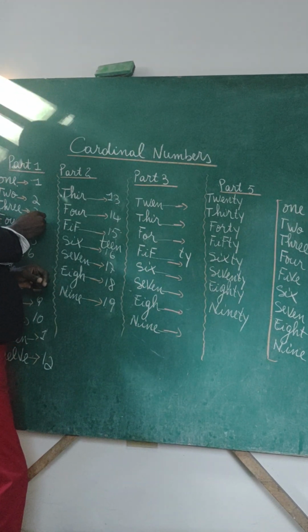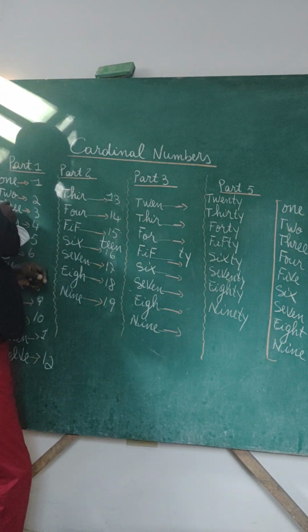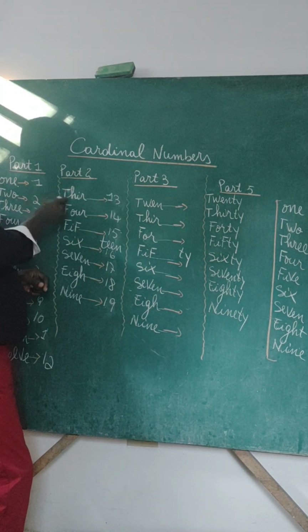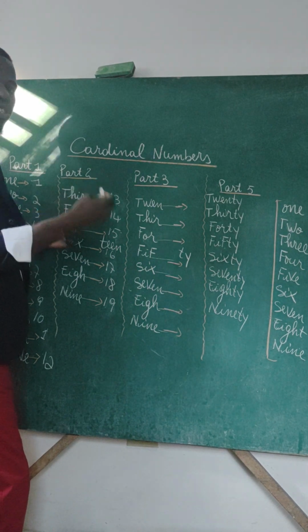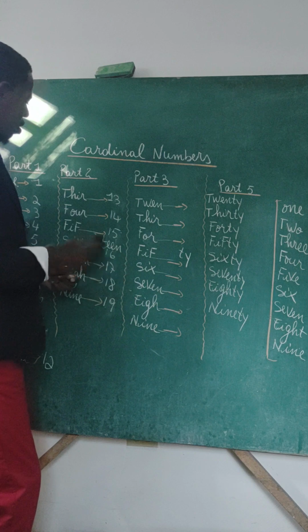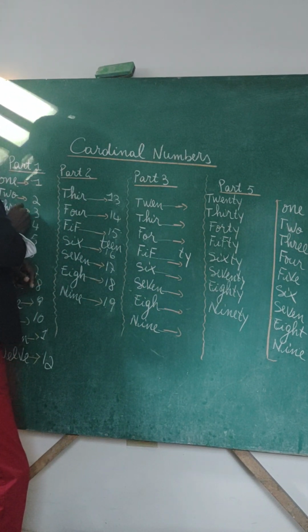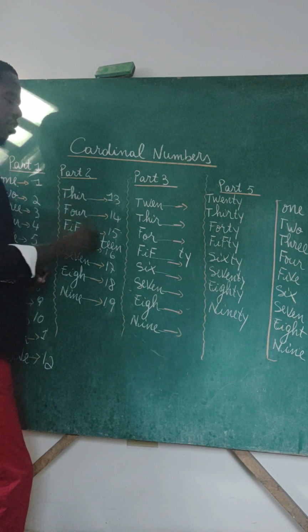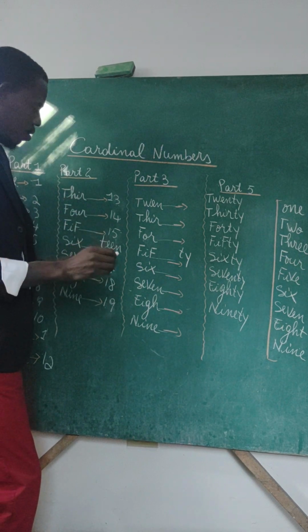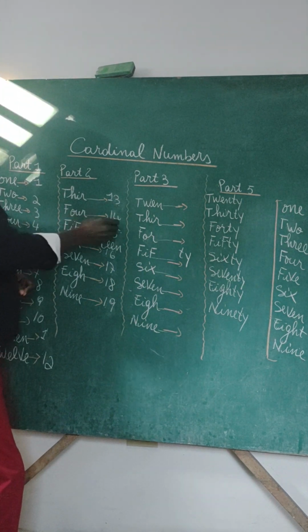You already know 3. 3 is written like this, T-H-R-E-E. What I do is keep just the beginning letters, T-H-I-R, and for some reason I don't add the E, and I pronounce it like third. Okay, third. And I focus on 4. 4 is like this.